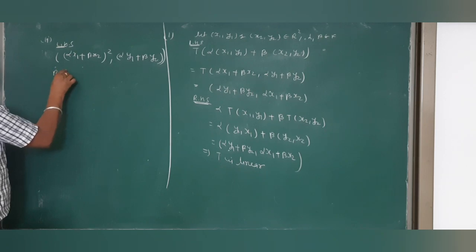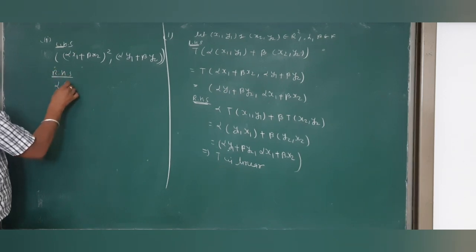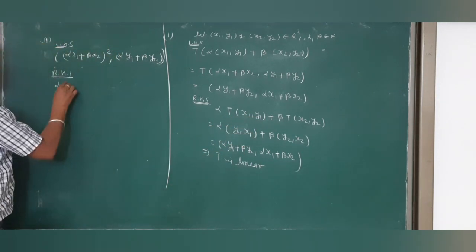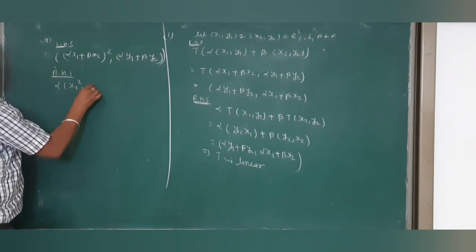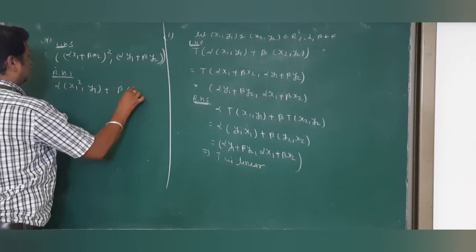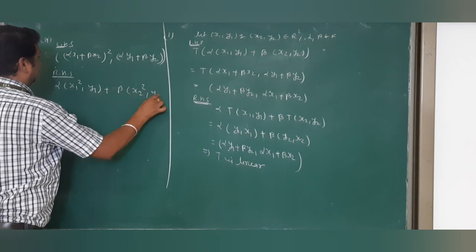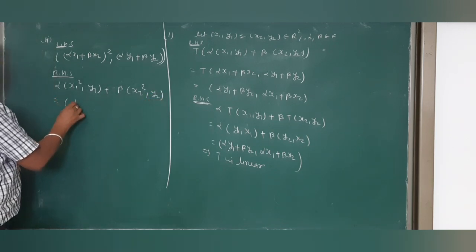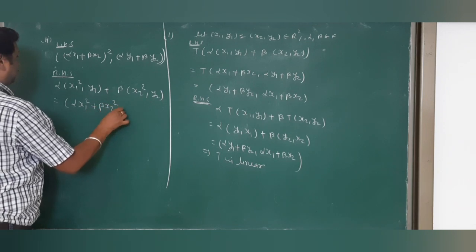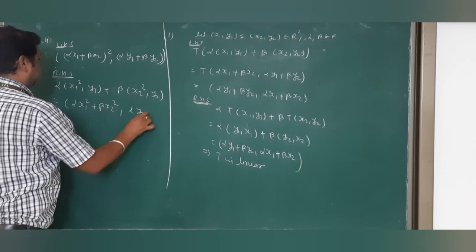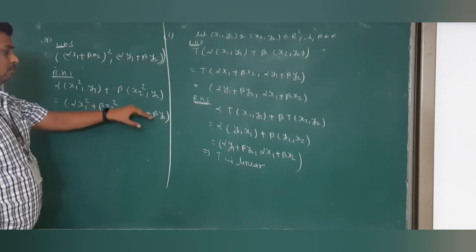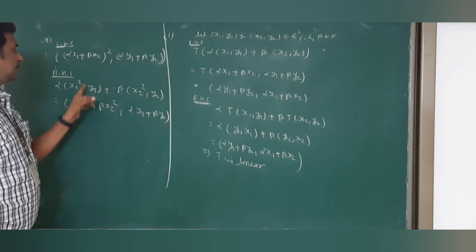And what is the RHS value? Alpha of T of (x1, y1). What is the value? (x1 square, y1) plus beta of (x2 square, y2). What is the final value? (alpha x1 square plus beta x2 square, alpha y1 plus beta y2). So see, the y component is equal but the x component is not equal.